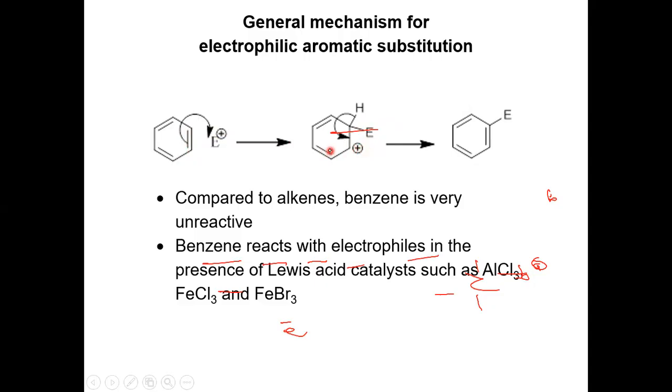Now, this positively charged intermediate is highly unstable. There's a little bit of stabilization that occurs because of delocalization of the cation here. We'll talk about the mechanism for that later. Good. Now, the next step in the reaction is that a base will come and take this hydrogen away as a proton, as H+.